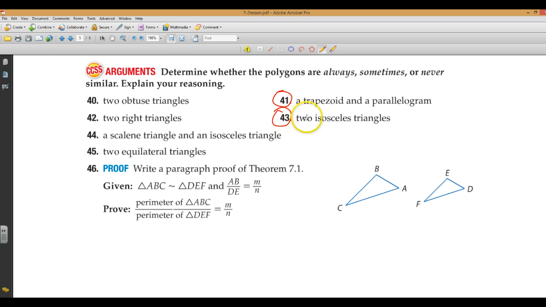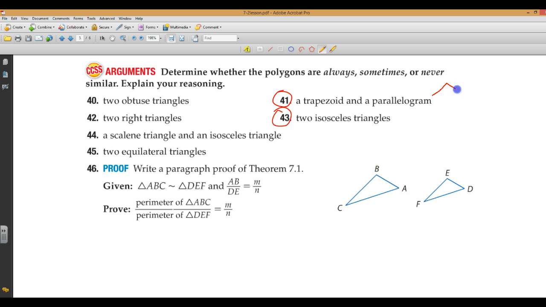For number 43, two isosceles triangles would sometimes be similar if their corresponding angles are congruent and their corresponding sides are proportional. So visually you could have something like this.